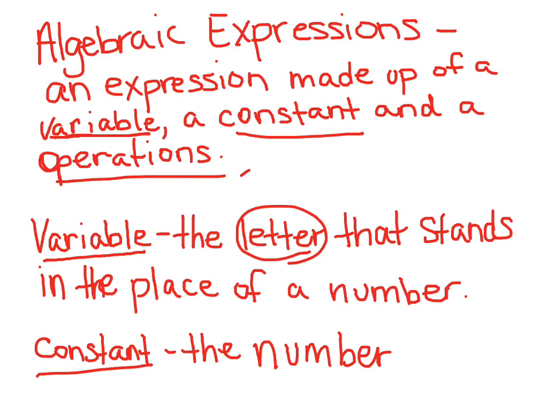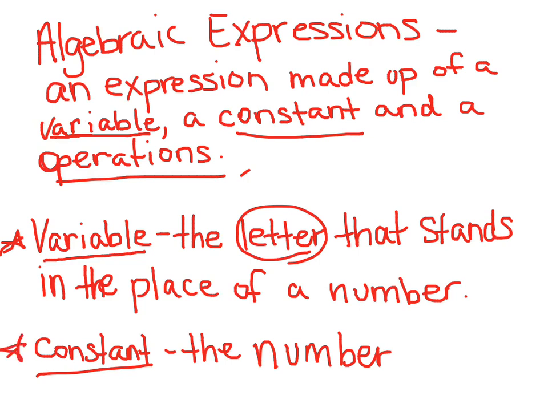Okay, so let's talk about algebraic expressions now. Much like numerical expressions, an algebraic expression is made up of a variable, a constant, and an operation. A variable is the letter that stands in the place of a number. So that's just any unknown letter standing in the place of a number.